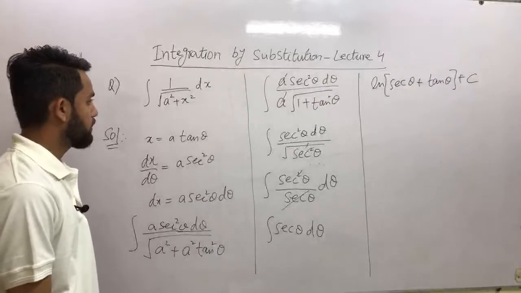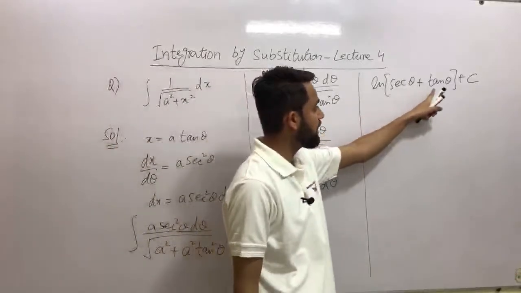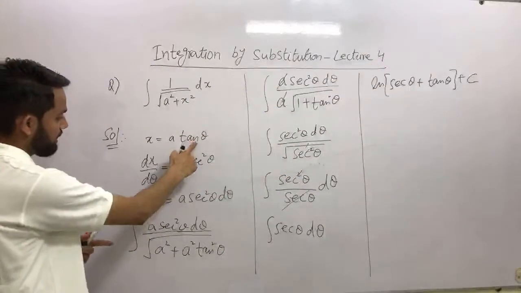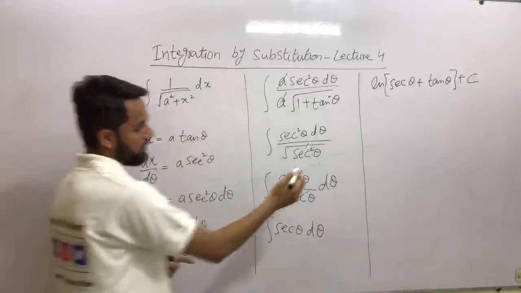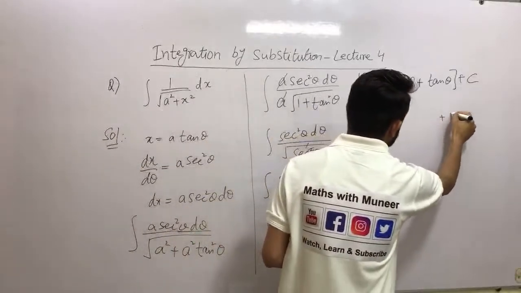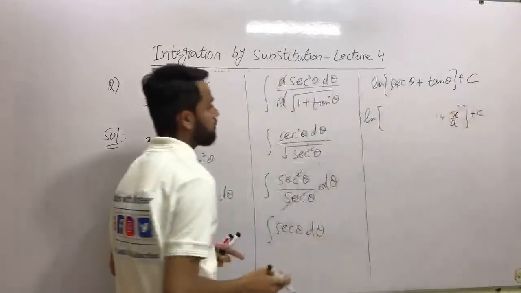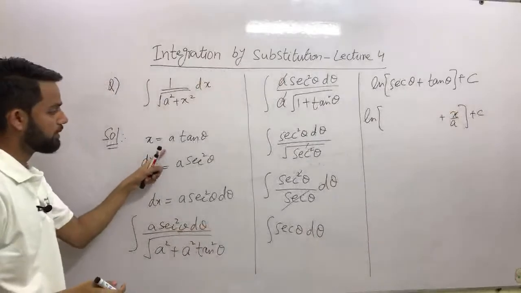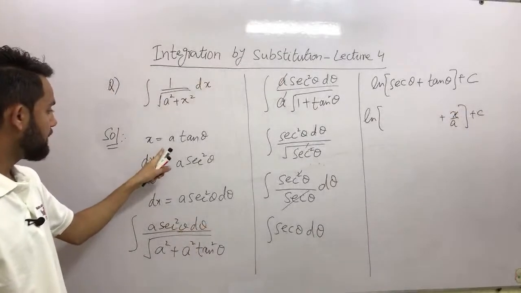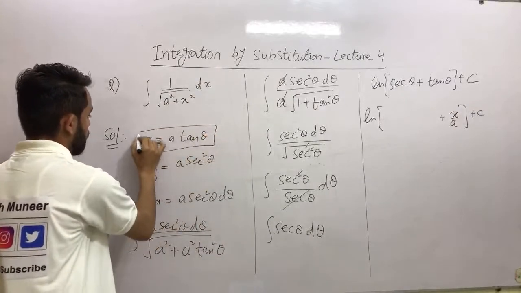So over here we have secant theta and tan theta, and we have to get their values. Tan theta is equal to x over a, so we have ln of secant theta plus x over a plus c, but we do not have the value of secant theta, right? So we are going to find the value of secant theta from this result.